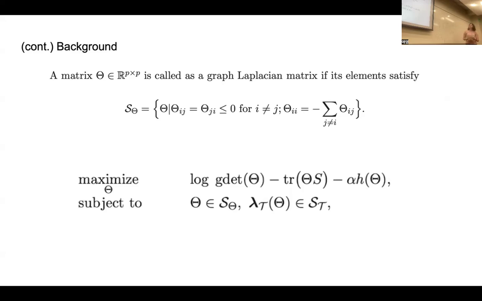And then this next formula is basically their general framework for how they are enforcing the spectral constraints. They start by maximizing the log of the generalized determinant. Generalized determinant is just the product of the nonzero eigenvalues, I think. The purpose of maximizing this term is so that the graph is well connected and diverse.